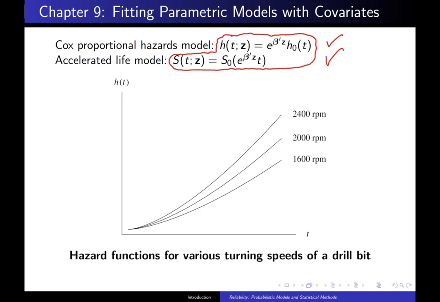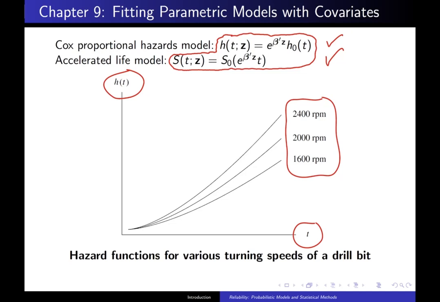In the illustration below here, we have time on the horizontal axis, the hazard function, which measures the risk on the vertical axis. There is a single covariate here, which is the turning speed, and that ranges from 1600 RPM to 2400 RPM.